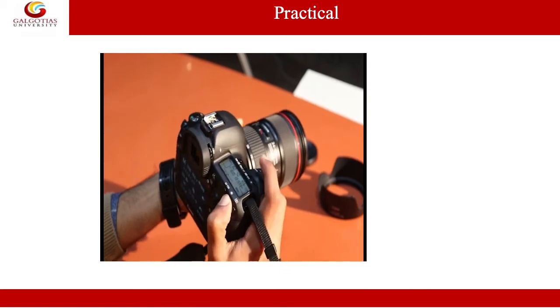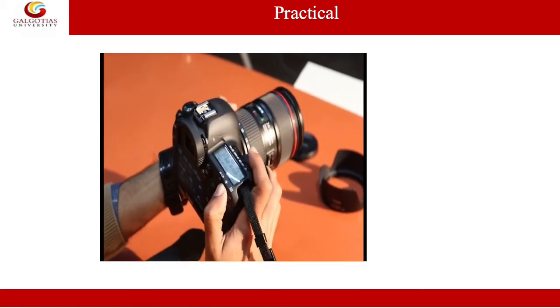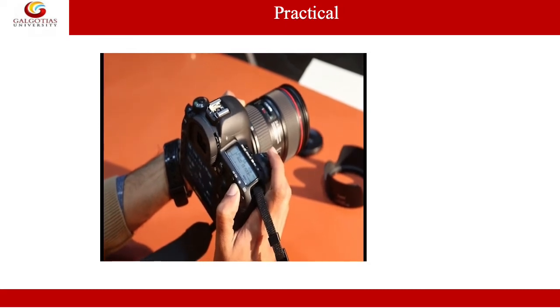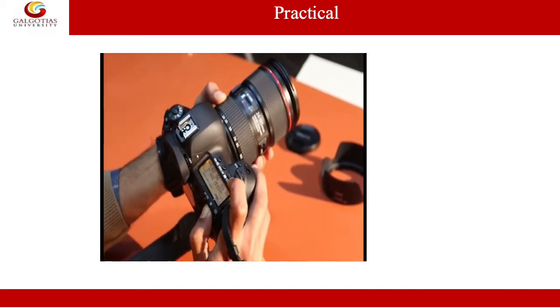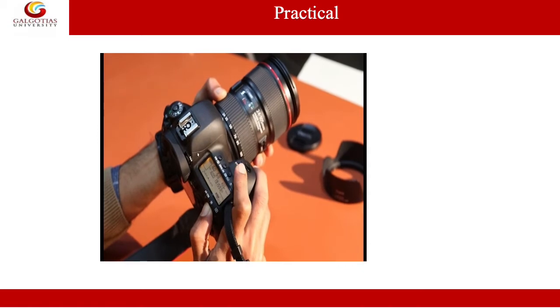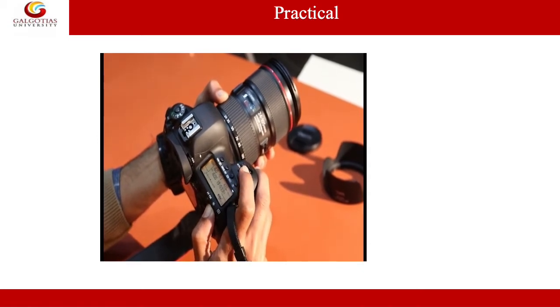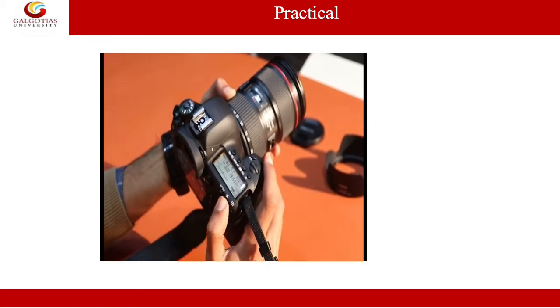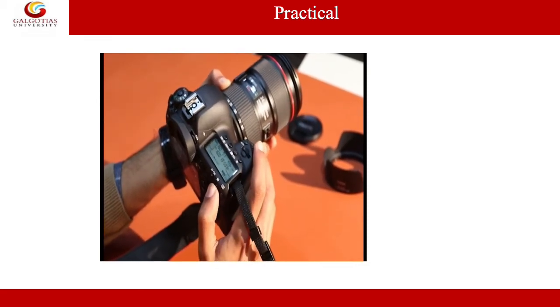We have to press this button and rotate this wheel simultaneously in order to change the aperture in this camera. Here you can see the aperture is changing from 4.0 to 6.3.